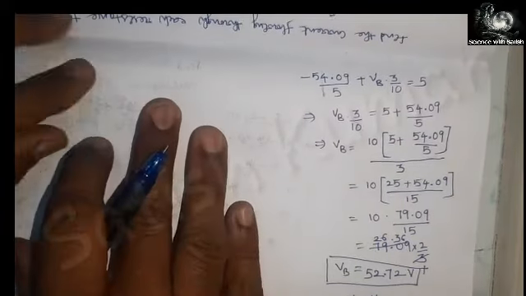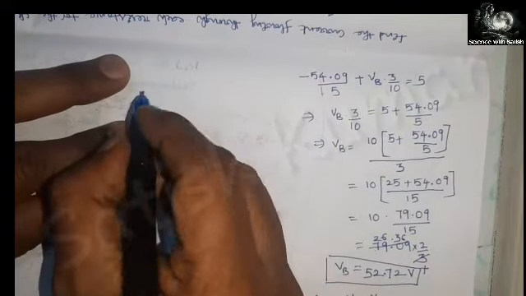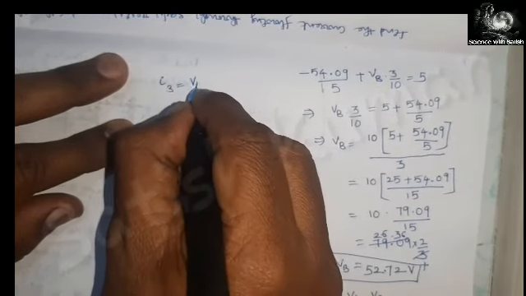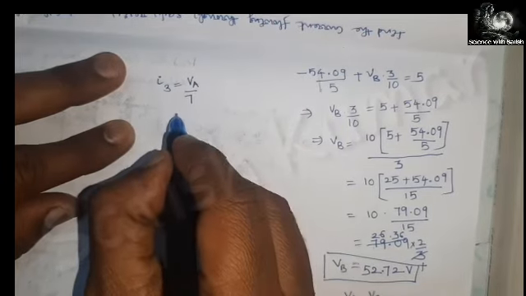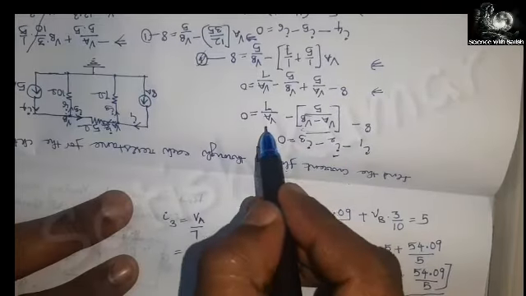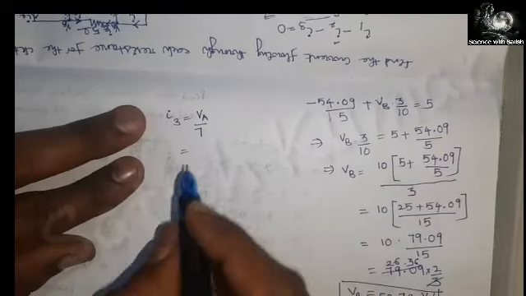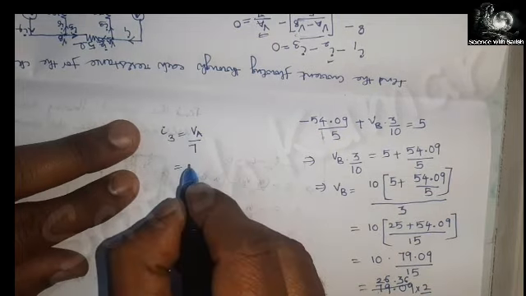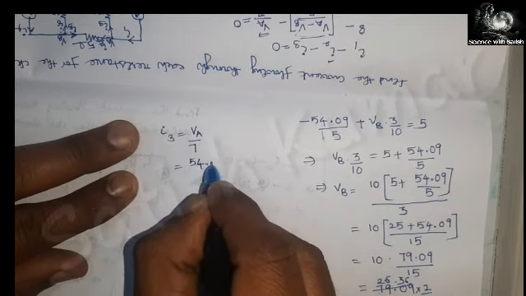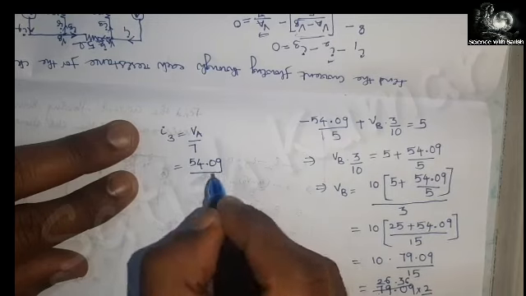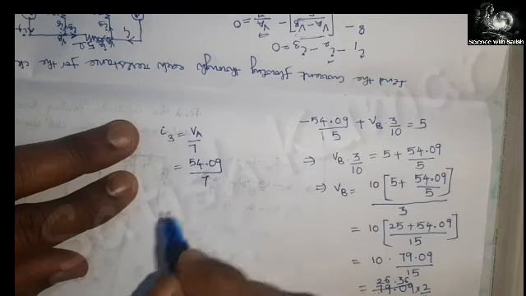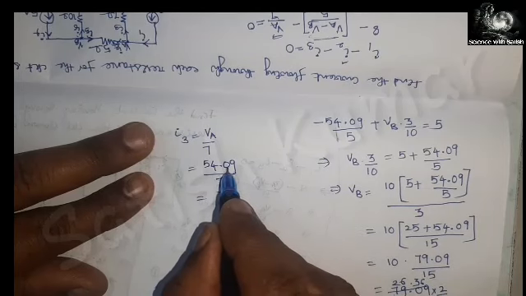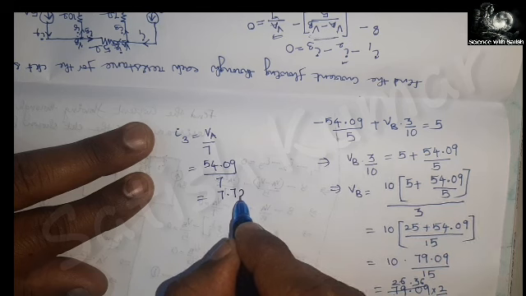Now I am going to find I3. I3 is VA by 7. From here I3 is equal to VA by 7. VA is 54.09 by 7, 7 7s are 49, 7 2s are 14, and so on.